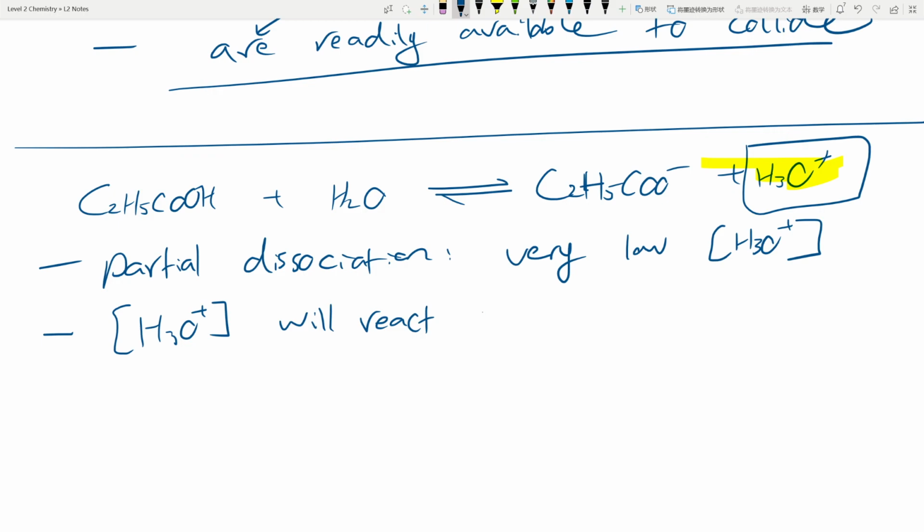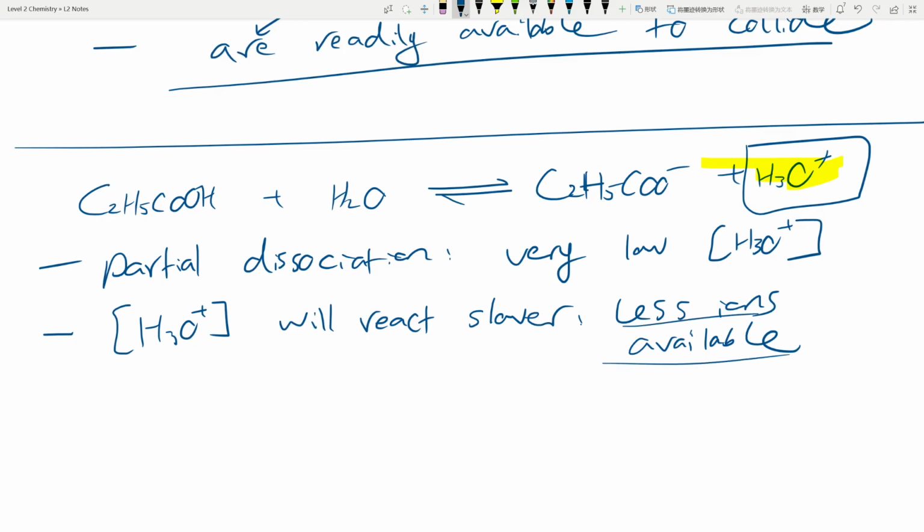They will react slower because there are not as many of them sitting in the same volume, just less of them at the beginning. So it's harder for them to collide with the other reactants. They'll react slower because there are fewer ions available, simply a lower probability of them hitting each other.